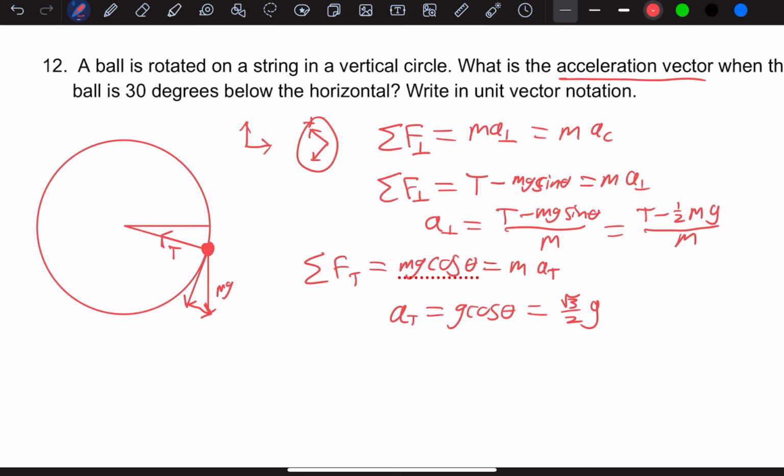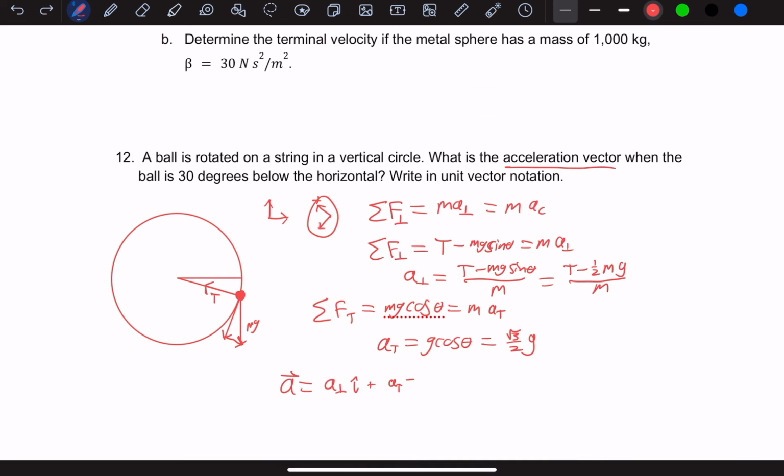All right, so what would the total acceleration be? The acceleration vector would be, if we do the radially inwards first, the acceleration in the radially inward direction, and we're going to put an i hat on that, plus the tangential direction, which is going to be with a j hat.